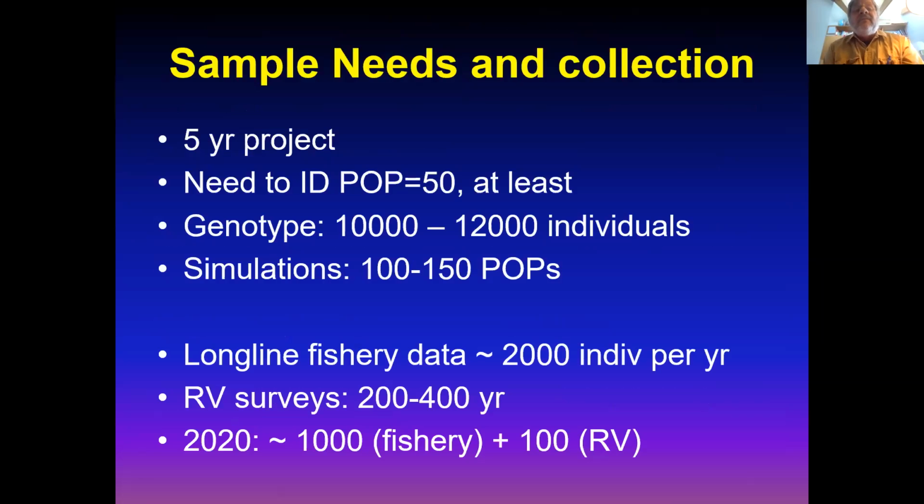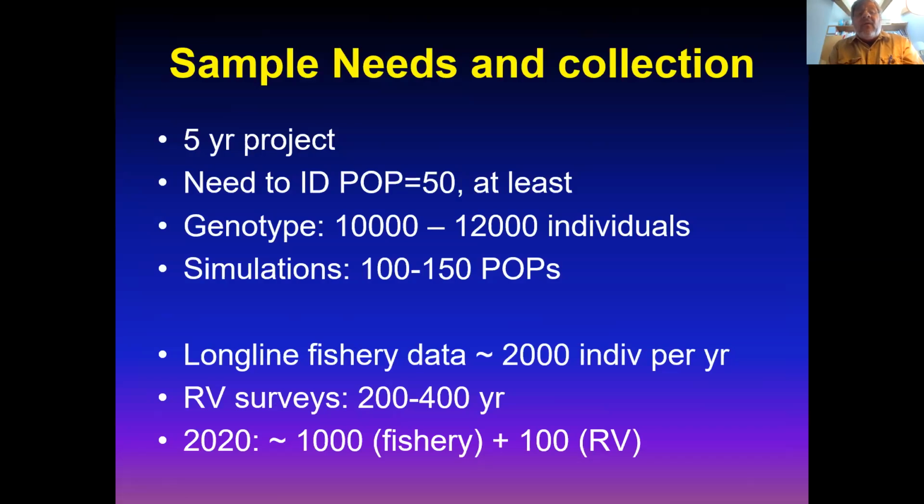Our goal is to identify no less than 50 parent-offspring pairs, and probably a few more. Our goal is then to genotype roughly 10,000 to 12,000 individuals. And through simulation work, we think that will give us roughly 100 to 150 parent-offspring pairs, given what DFO thinks is the population size at the moment, a few million individuals.